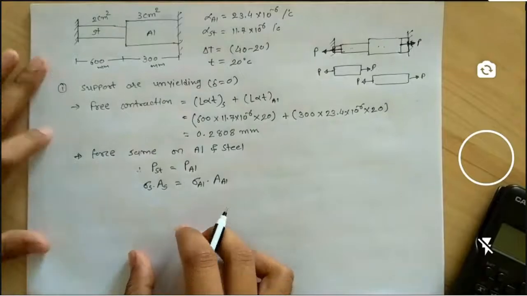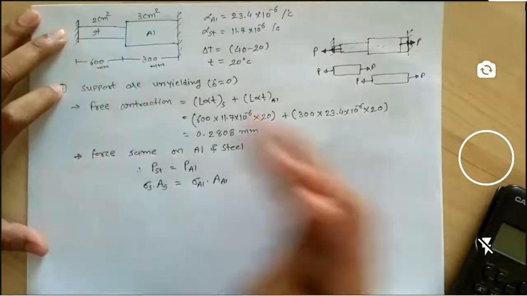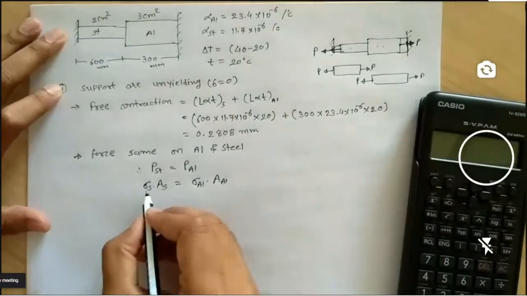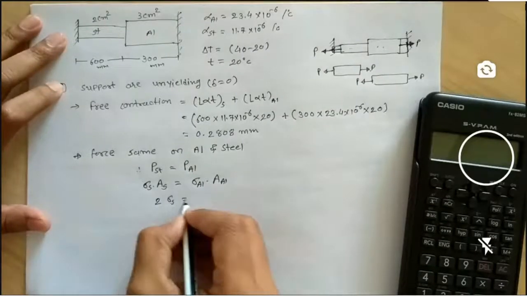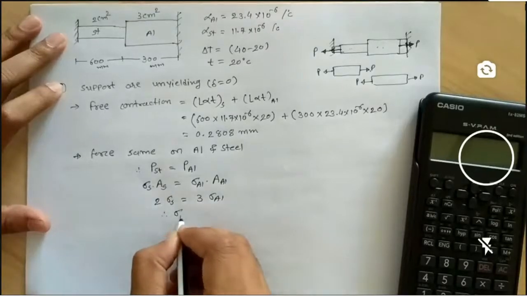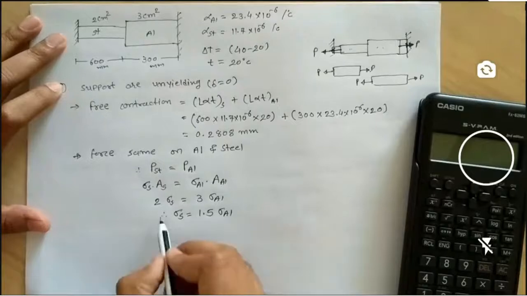Okay, so here the area of the steel section is 2 centimeters square, and the area of the aluminum section is 3 centimeters square. So 2 sigma s is 3 sigma aluminum. It means we get sigma s is 1.5 sigma aluminum.